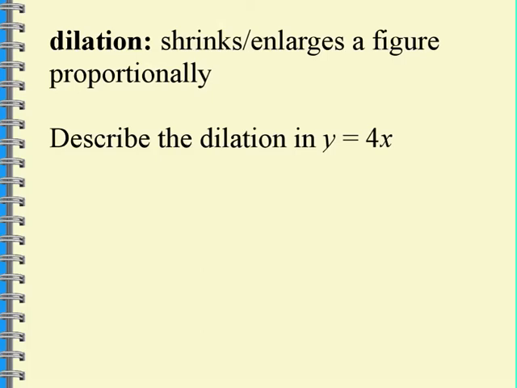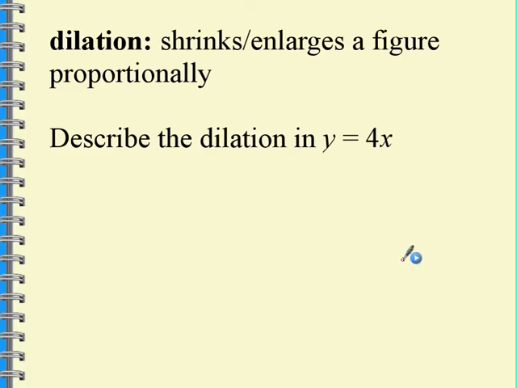Okay. So a dilation shrinks or enlarges a figure proportionally. I want you to type in y equals 4x. That's how you write it in. What do you notice about y equals 4x?